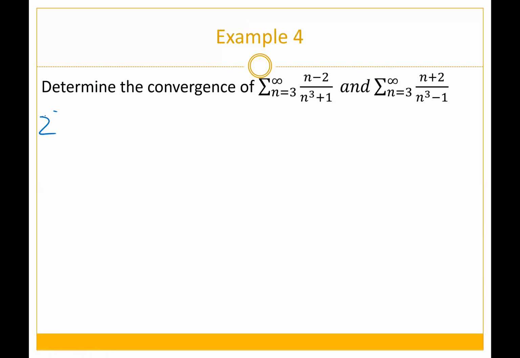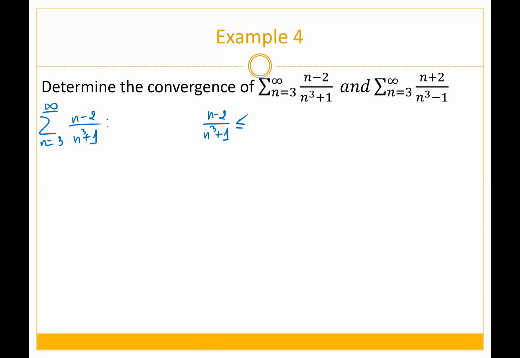So you have the series from n equal to 3 to infinity of n minus 2 over n cubed plus 1. Now this one, if you compare the term n minus 2 over n cubed plus 1, just looking at both the left side and the right side. Here, if you compare it on the right side, it's easier.